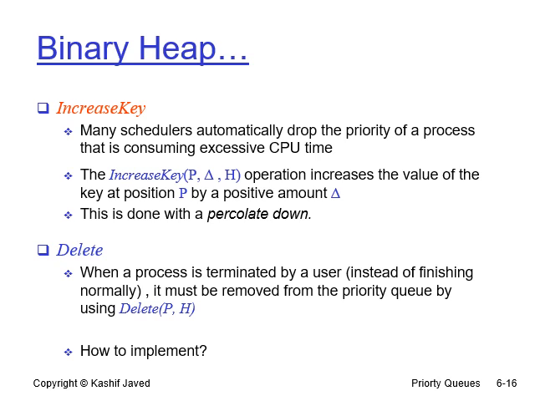With the help of these three keys, you can kill your process, right? So when a process is terminated by a user abnormally, it must be removed from the priority queue by using the delete p comma h.